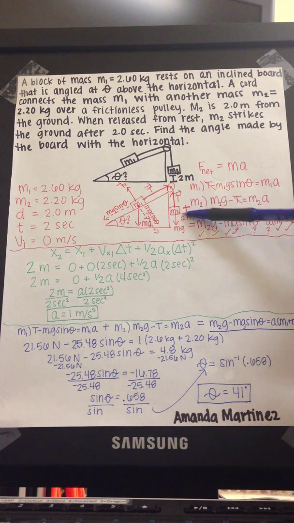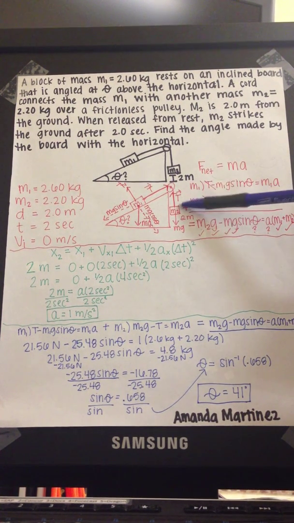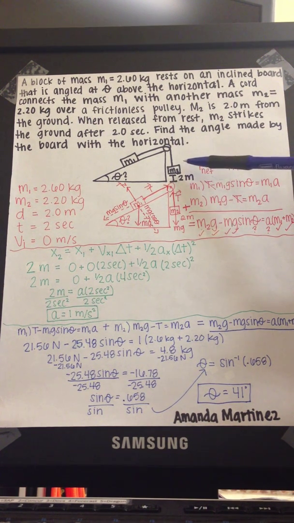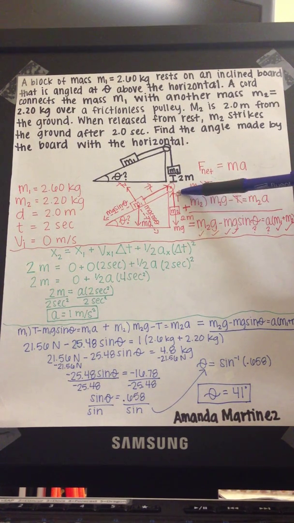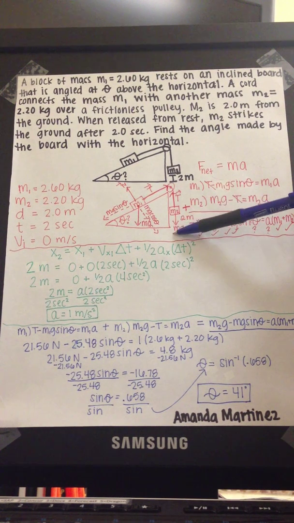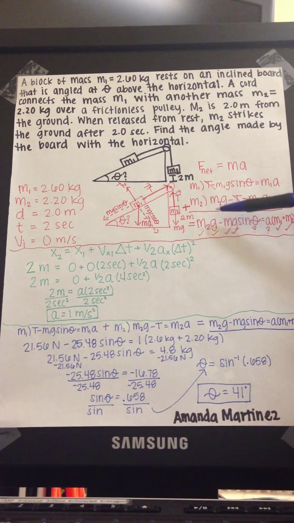And then for mass 2, since T is moving in the up direction, it's negative. And then since mg is moving in the negative direction, it's positive. So you get m2g minus T equals m2a.